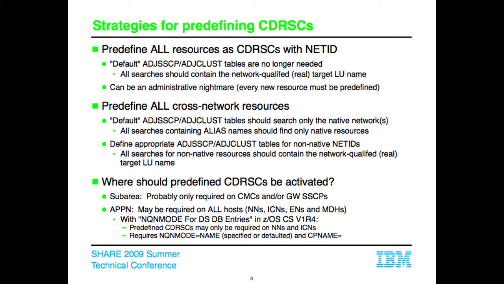Now, in z/OS V1R4, we added a function called network qualified name mode for directory services database entries. This allowed you to predefine cross-domain resources on the subarea side of VTAM, and when you activate them, it would preload the directory services database with the information also. And once you've preloaded the information to the directory services database, directory services remembers that this is the one and only resource that can be found using an alias name search.